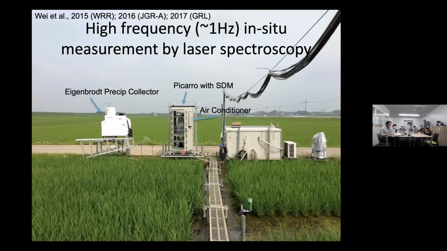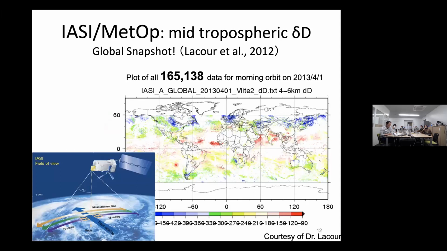When I started, the cryogenic method was popular, so I needed to stay at the site overnight for more than hours to obtain 1 milliliter of ice. But by using this, it actually changed the game. And there are also other instruments.